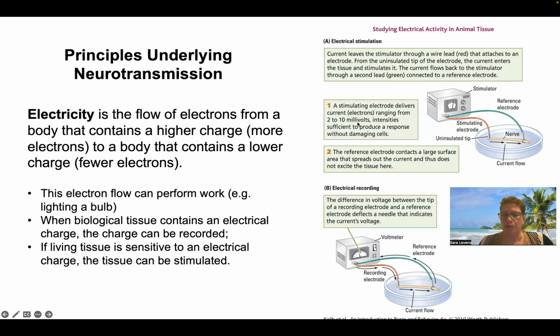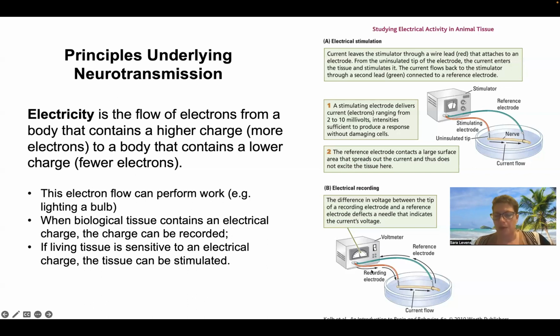The stimulating electrode delivers these millivolts, and these intensities are sufficient to produce a response without damaging the cell. Too high would damage it, so they get the right proportion that aligns with the natural bandwidth for electricity passing down nerves.